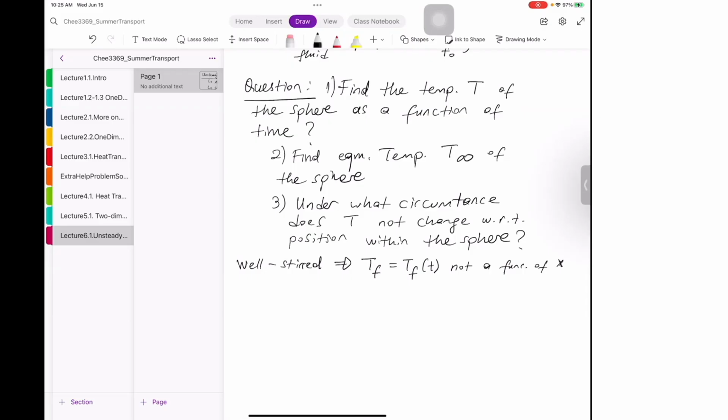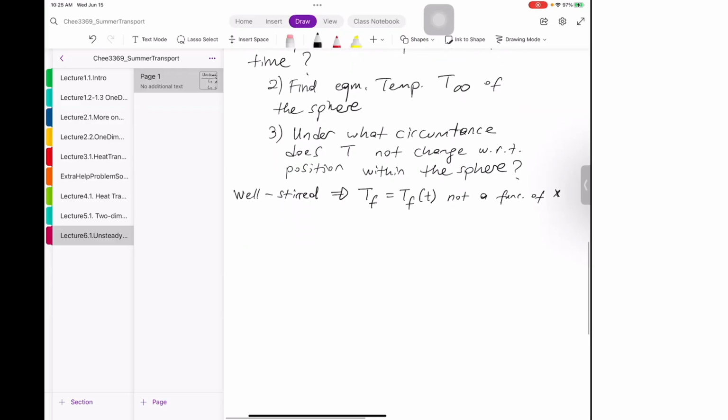So let's actually think about this problem number 3. And what about the sphere? Under what condition can we assume the solid temperature is not a function of r, or the radial position? So for this, let us do a rough calculation.